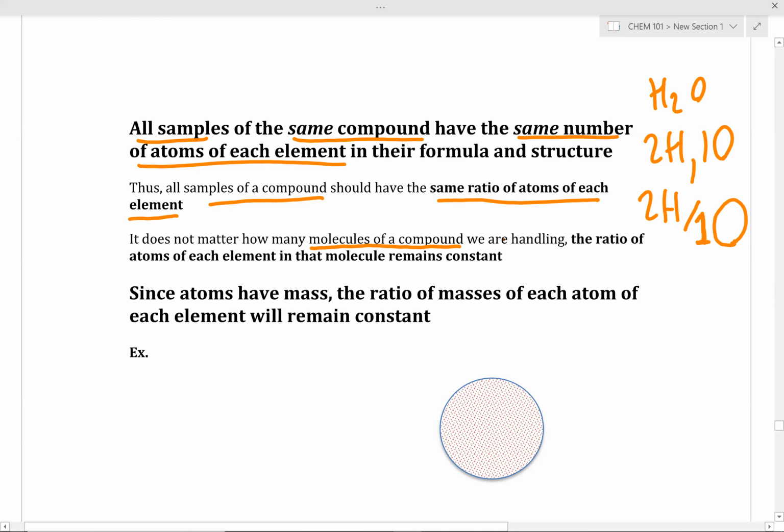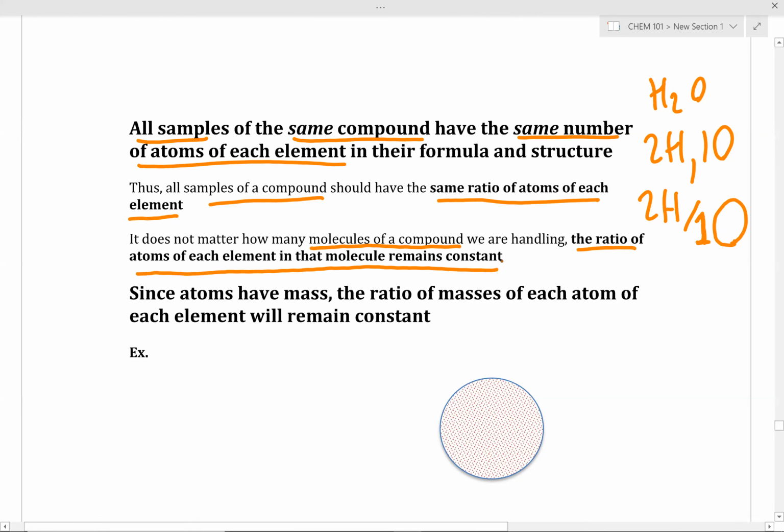No matter the amount of water molecules we have, we know for every single water molecule, what's the ratio? 2 hydrogens per 1 oxygen, right? Now, because of that, the ratio of atoms of each element will always be the same if we're dealing with the same molecule. It doesn't matter whether we're counting 1 water molecule or 1,000,000 water molecules. They have the same formula and the same ratio of elements.